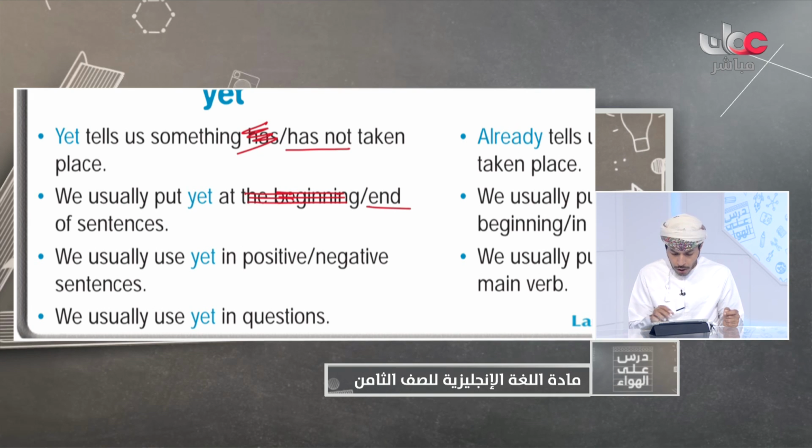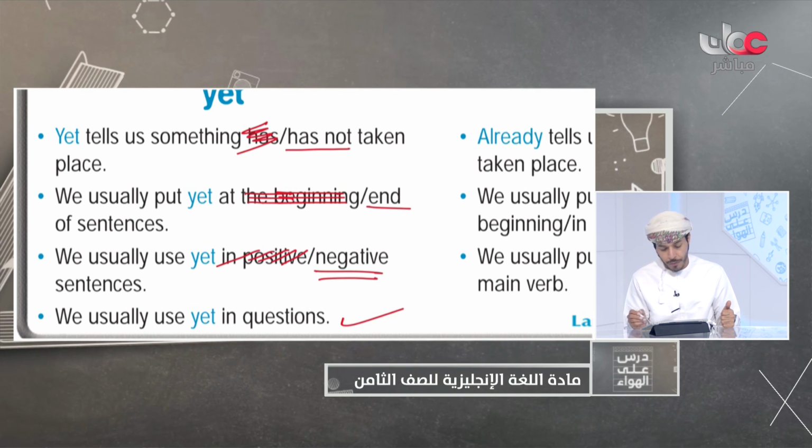Good. Also, we usually use yet in positive or negative sentences, and we have discussed that. We use it in negative sentences only, but we don't use it in positive sentences. Also, we use yet in questions. We use it in questions and in negative sentences.